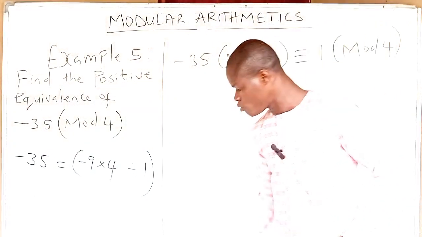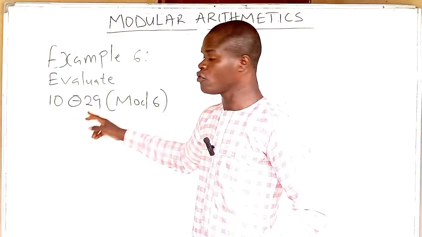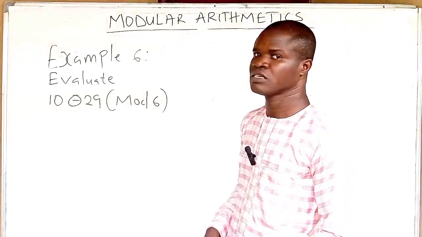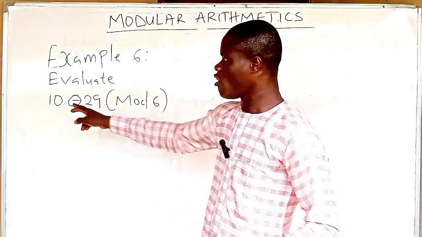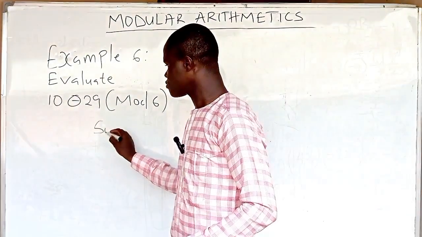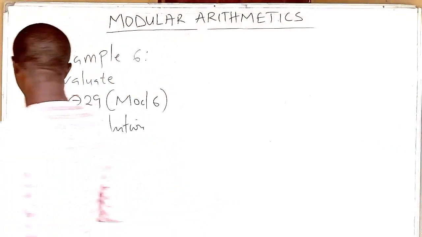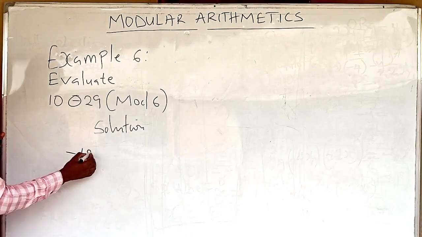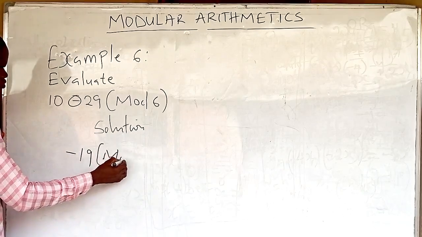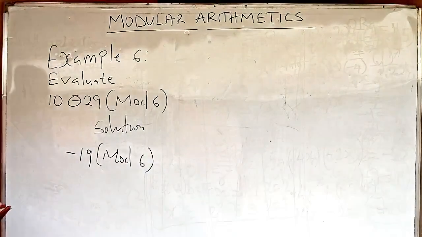So let's take another example. In this example 6, we're asked to evaluate 10 minus 29 modulo 6. So I'm going to proceed similarly like we do in normal arithmetic. Of course, solution. Ten minus 29 will give us minus 19 modulo 6. So because it's a negative number, we are going to proceed to convert it to positive.